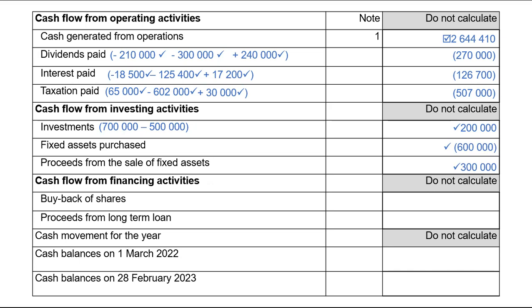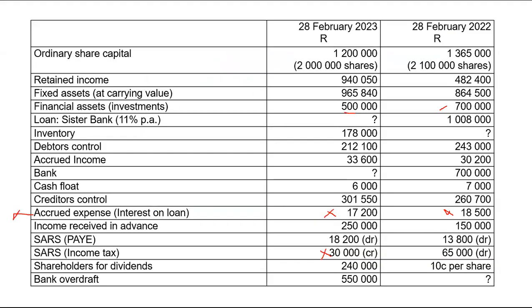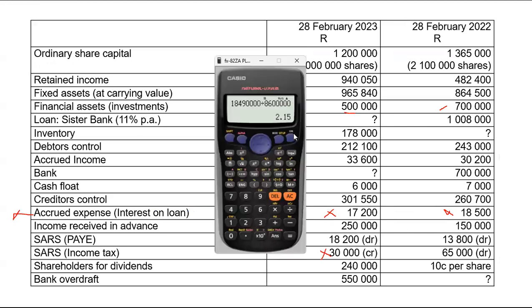And when it comes to the buyback of shares, you just have to look at the difference in your ordinary share capital. So ordinary share capital went down, and they said we didn't sell any shares. So the only reason it could have gone down is because we bought back shares. So you're going to take this, subtract the 1.2. It'll give you 165.